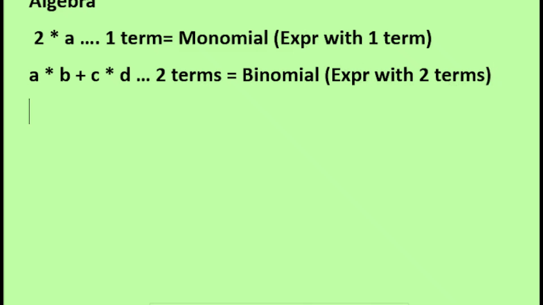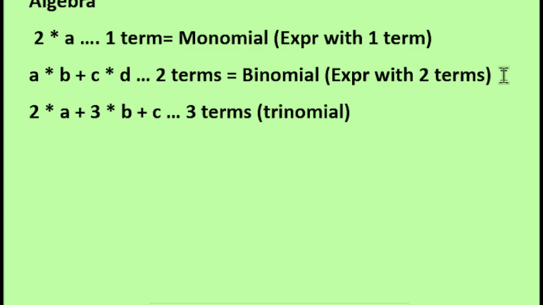So if you have 2 into a plus 3 into b plus c, how many terms? Three terms. So when you have 3 terms, it will be called a trinomial. And after this, if more than 3, we call it a polynomial. Even sometimes 3 term expressions are also called polynomials, many terms.